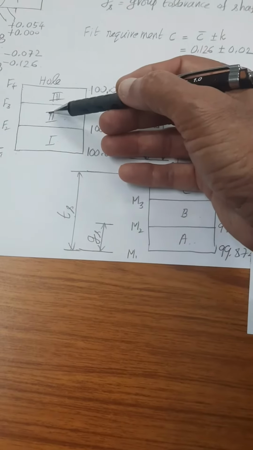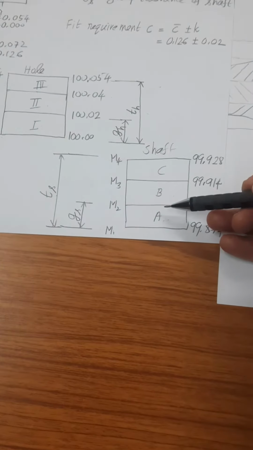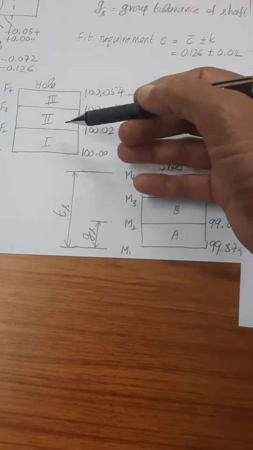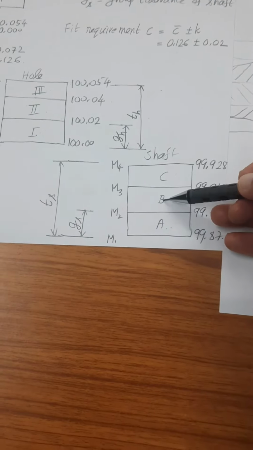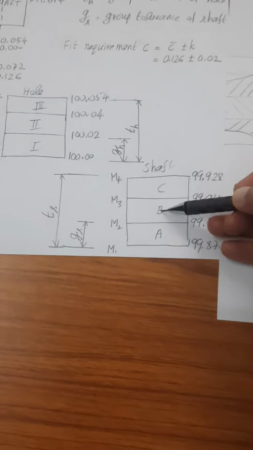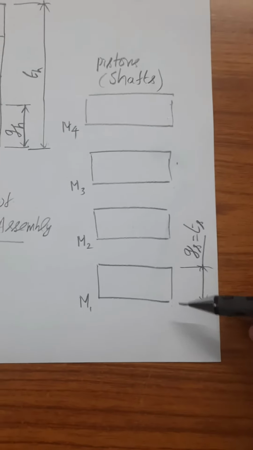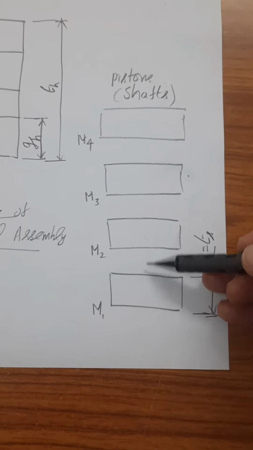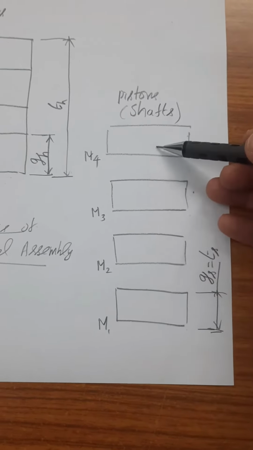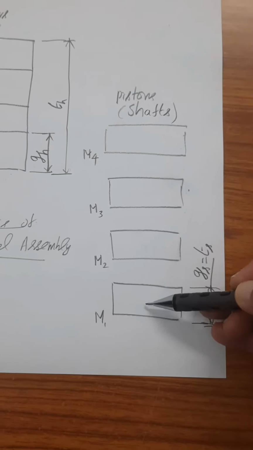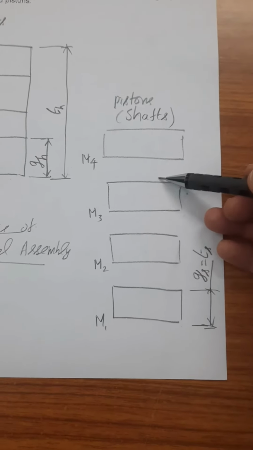So under type 1 selective assembly, we start grouping the holes and shafts after manufacturing the required number of holes and shafts. Under type 2 selective assembly, which we are discussing now, only on knowing the group limits of each group of pistons can we manufacture according to the required sizes.